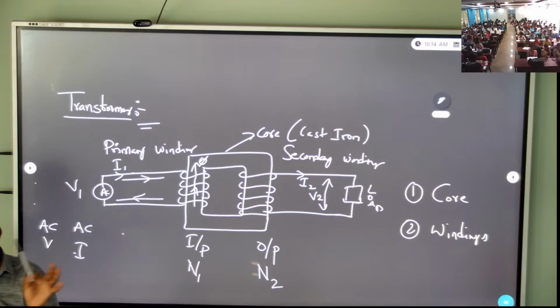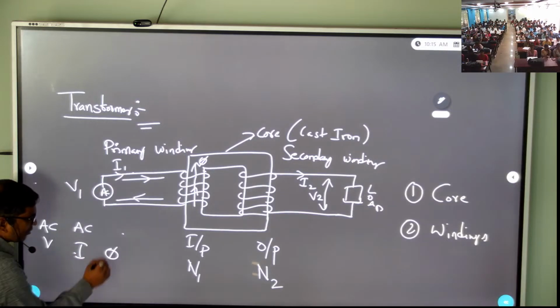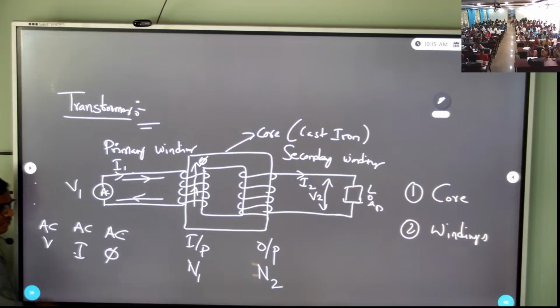In the iron core, what happens? Flux will be established. So, alternating voltage, alternating current. Now it is an alternating flux.